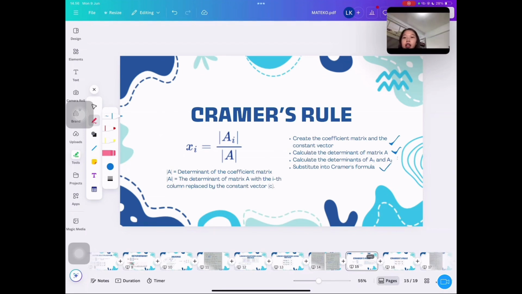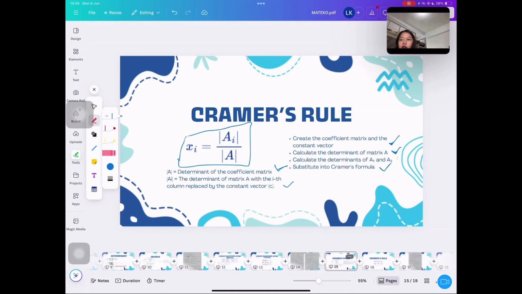This is the Cramer's formula, where A is the determinant of the coefficient matrix, and A with i is the determinant of matrix A with the i column replaced by the constant factor, or we can call it C.